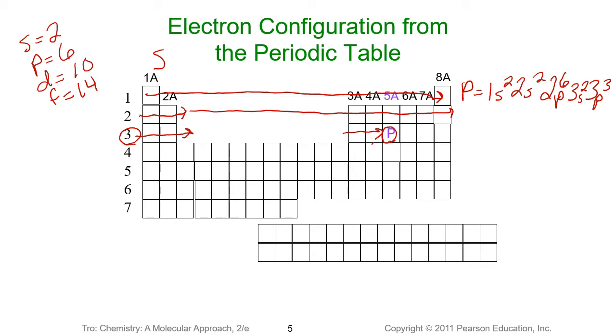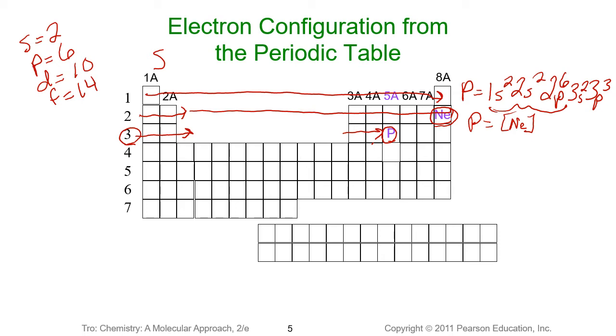Alternatively, we can write a shorthand version starting with the noble gas in the row above it. The noble gas in the row above it is neon. And neon is going to represent all of our core electrons, so everything up to the 2p.